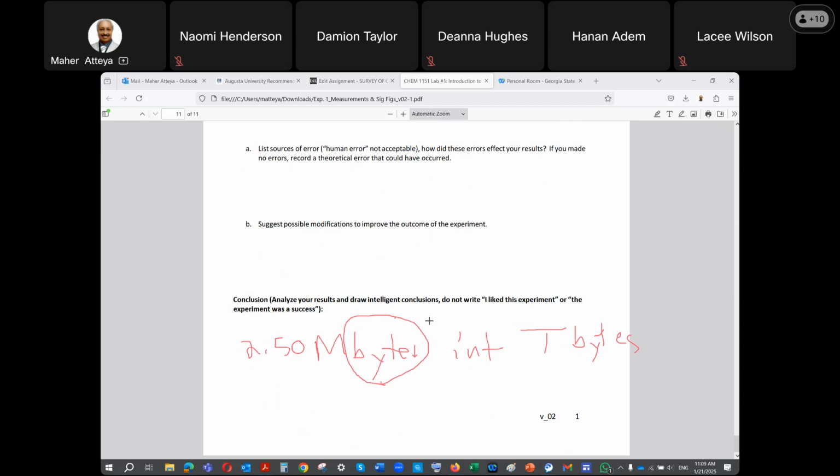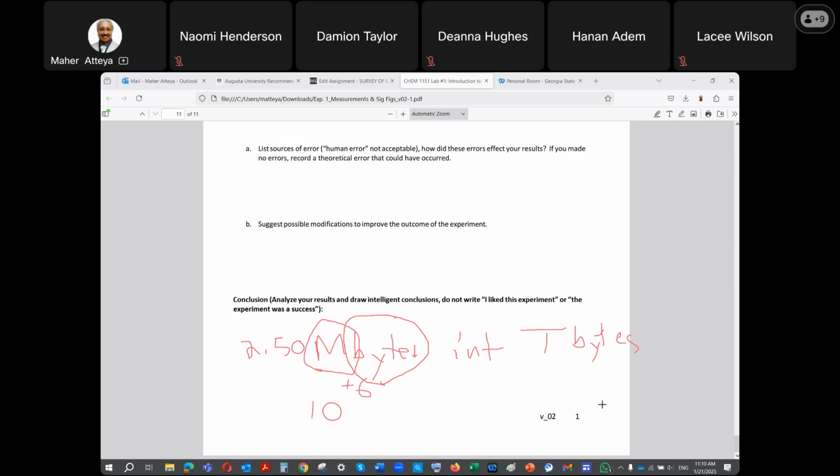Is there a conversion factor? No, there is none, because you are within the same metric. So we should know the difference between a mega and a tera. Mega, how much is it? 10 power what? 6, correct?